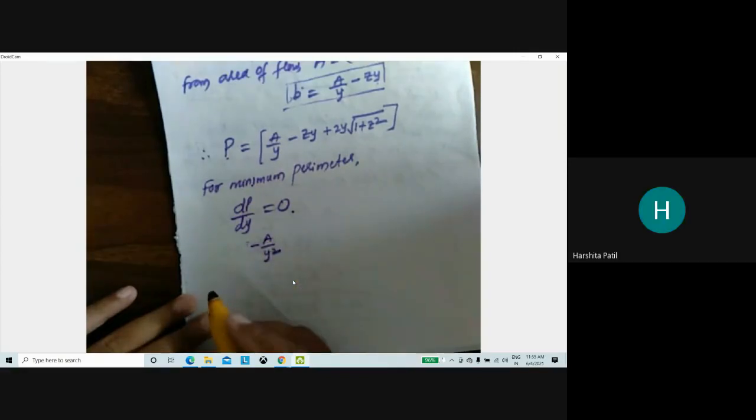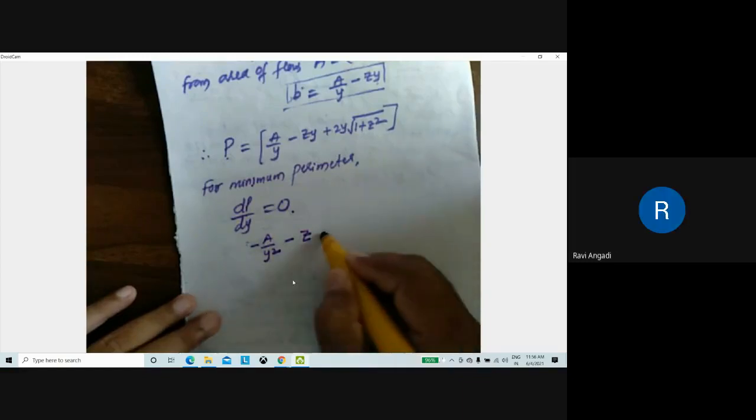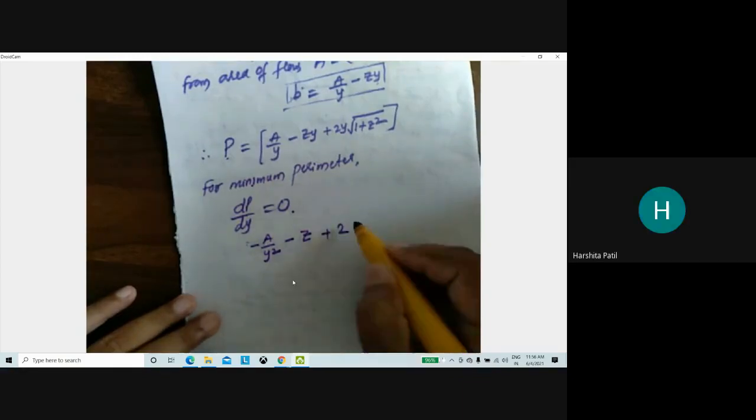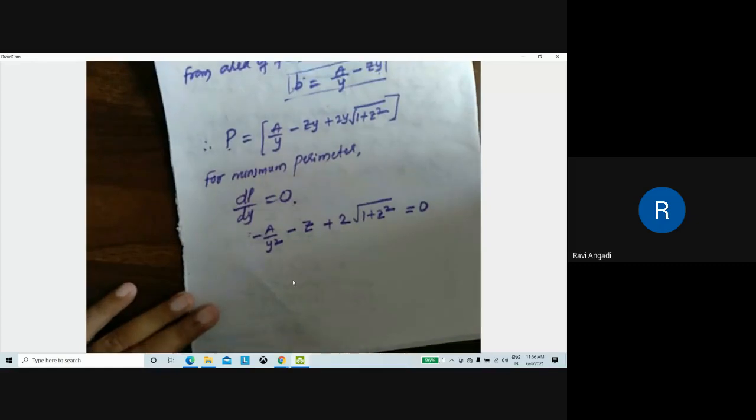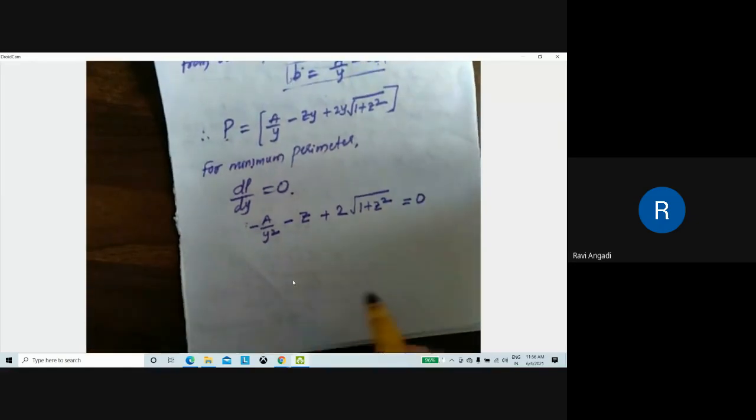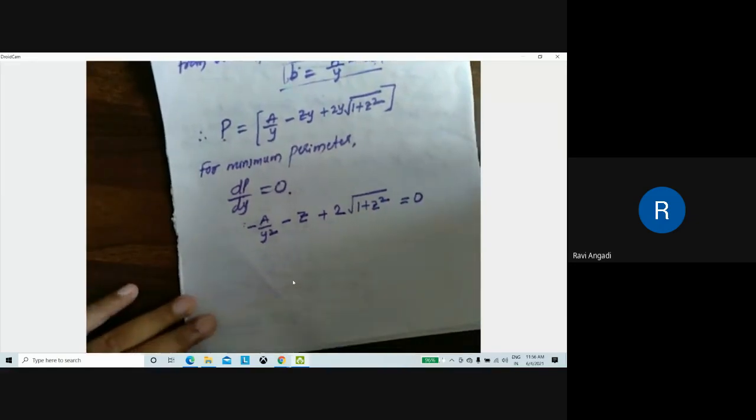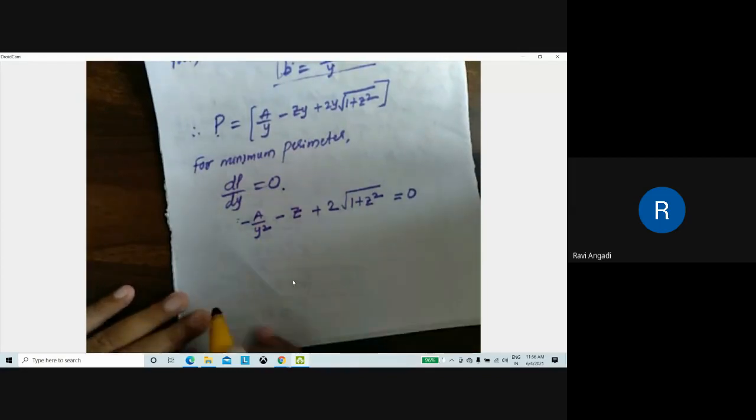Minus a by y square minus z plus 2 square root of 1 plus z square. Yes, exactly correct. Now with this, I have to rearrange the terms and simplify it. So I hope all of you got this answer.